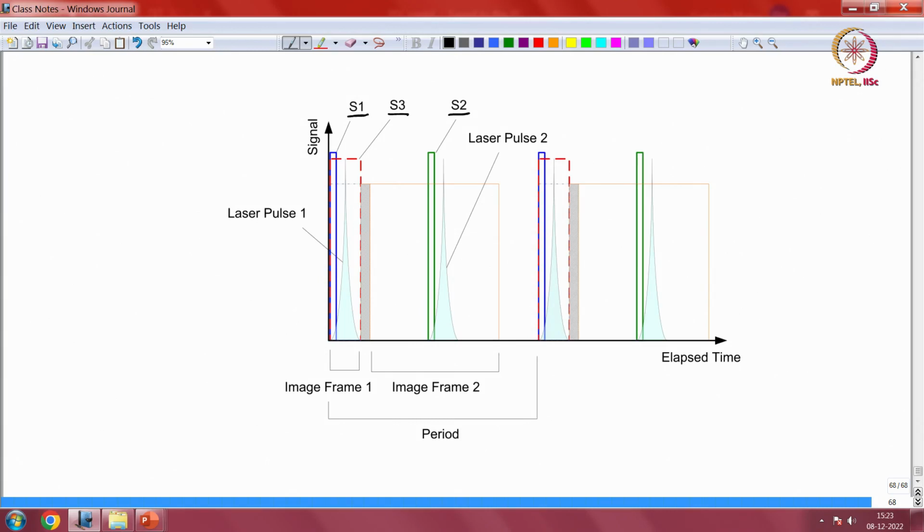So this is a diagram which shows schematically what happens. For example, if you have a synchronizer, in this particular schematic you have 3 control signals that are being generated by the synchronizer.